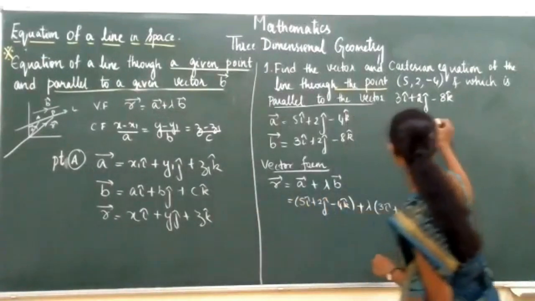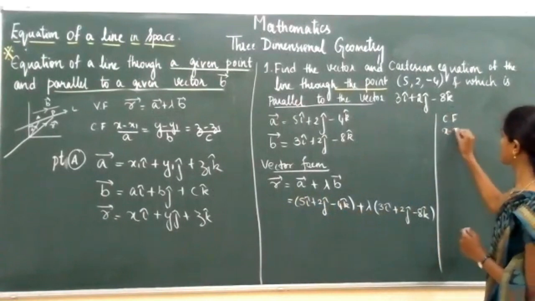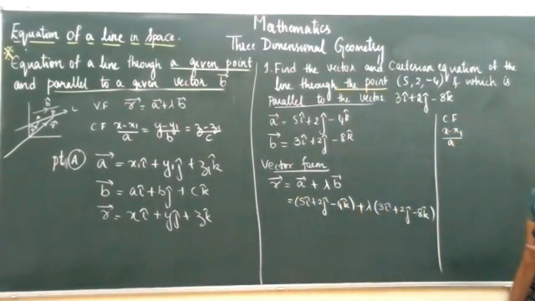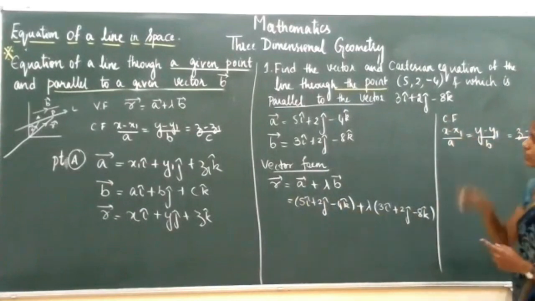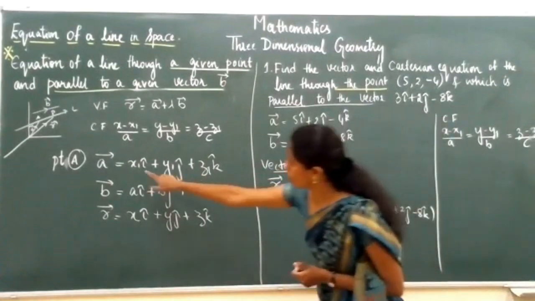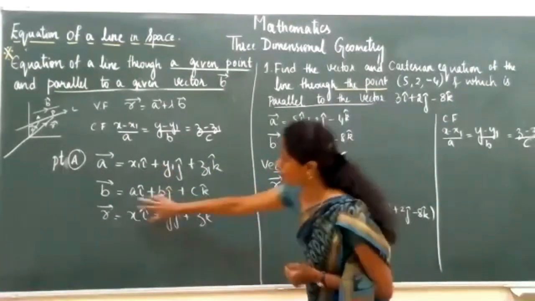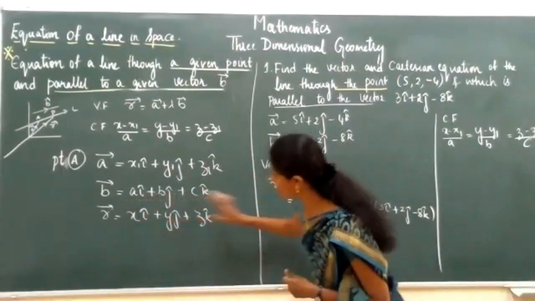Next is the Cartesian form. We know that the Cartesian form is given by (x minus x1) by a, which is equal to (y minus y1) by b, which is equal to (z minus z1) by c. Now we know that vector a is given by x1, y1, and z1, in general form, and vector b is given by a, b, c.